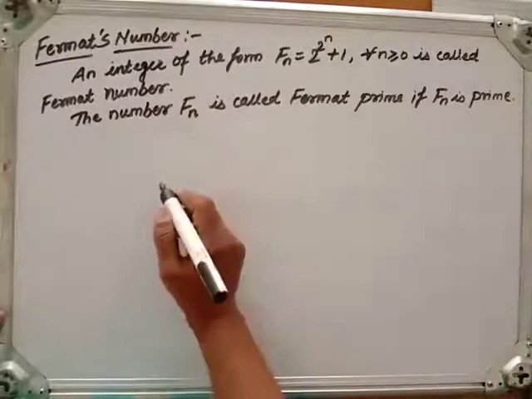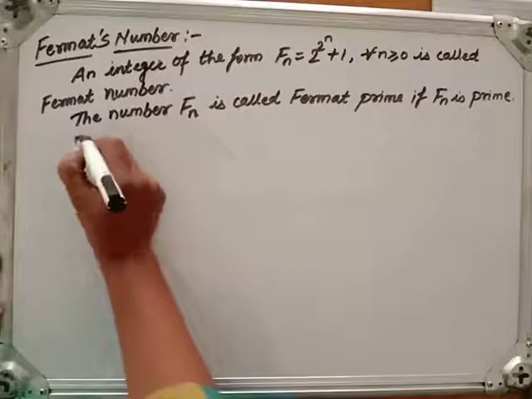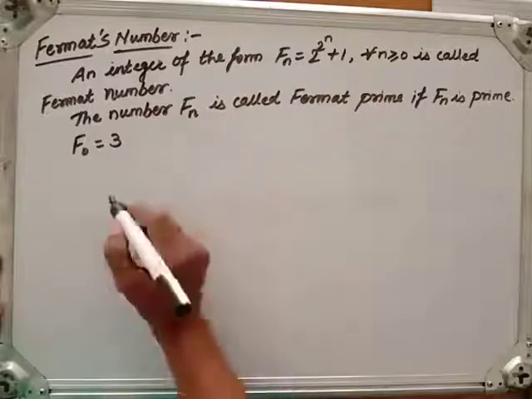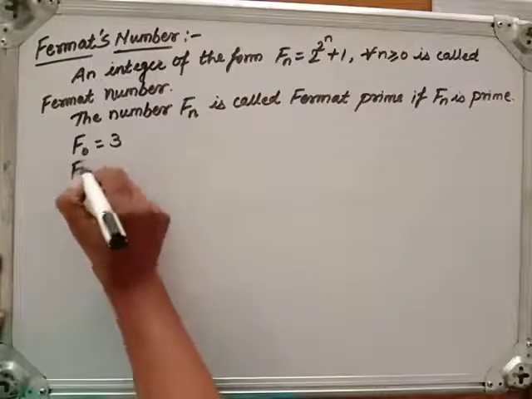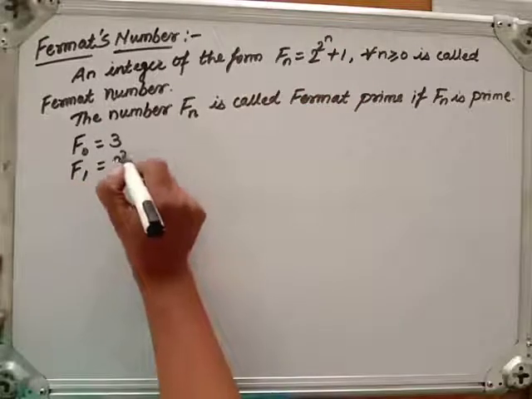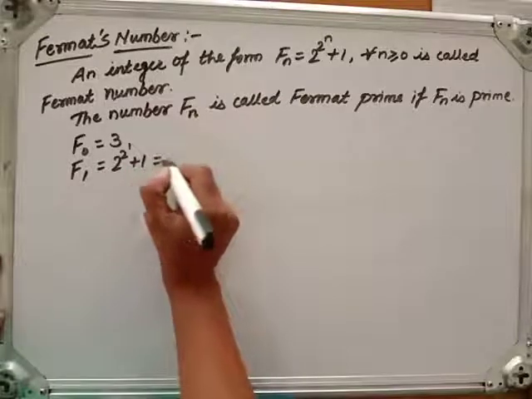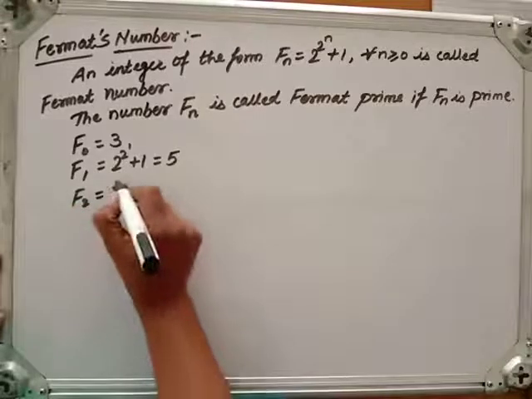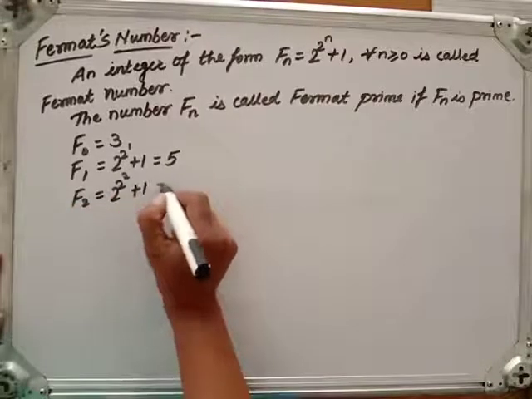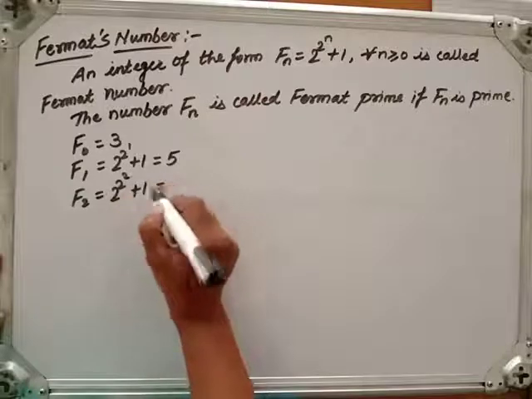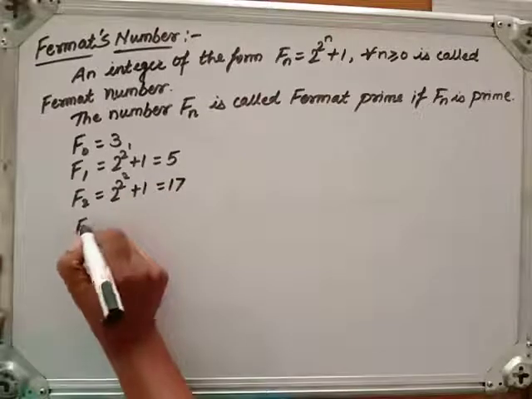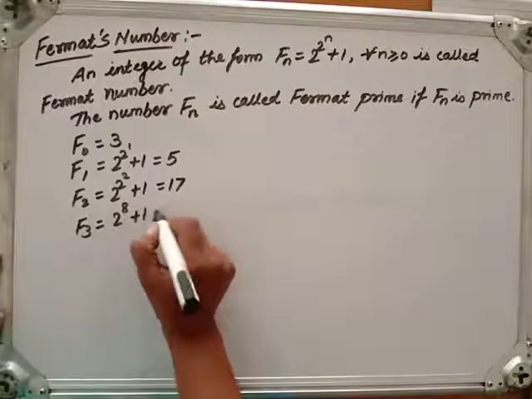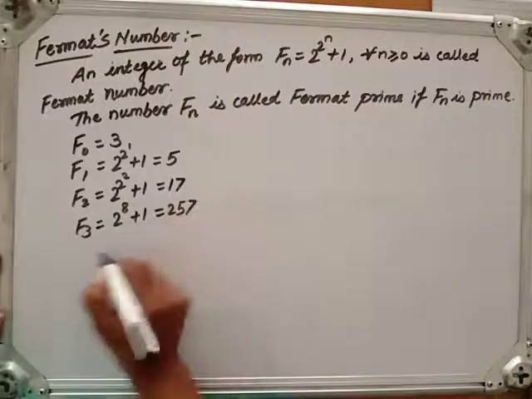Now let's see what F0 is. F0 is nothing but 3. What is F1? F1 is 2 raised to 2 plus 1, so it will be 5. F2 is 2 raised to 4 plus 1, that is 16 plus 1, 17. F3 is 2 raised to 8 plus 1, that is 257.